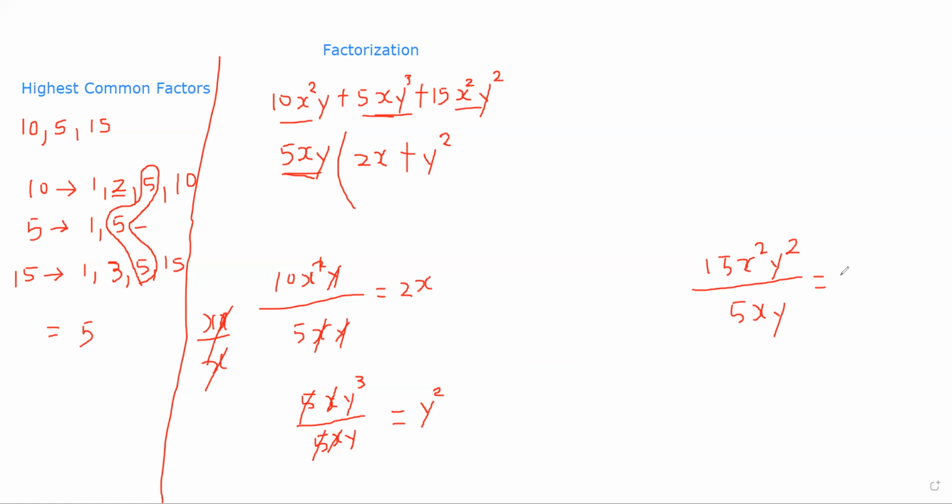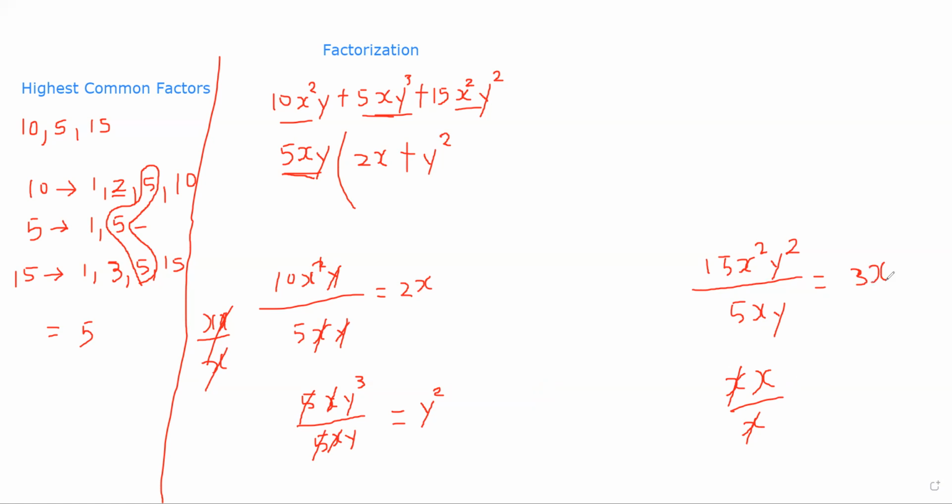Then we come here now and we do the last one. 15 divided by 5 is 3. Then we have x at the top, x at the bottom, so 1 cancels out with 1. We are left with 1 at the top.